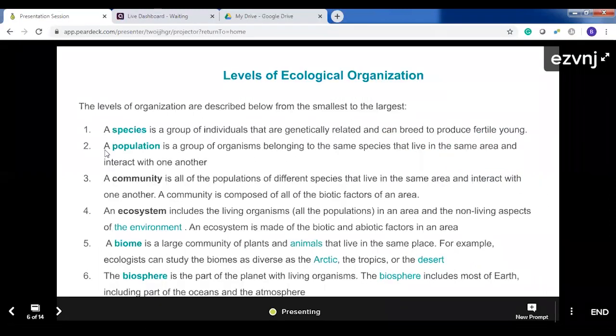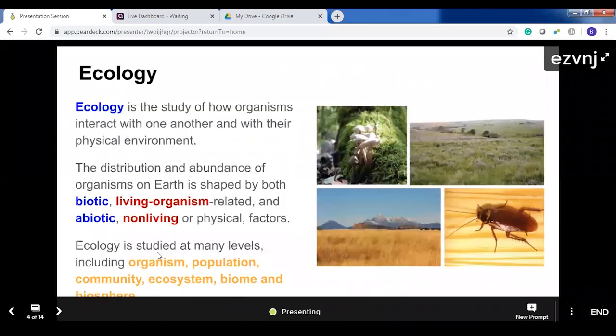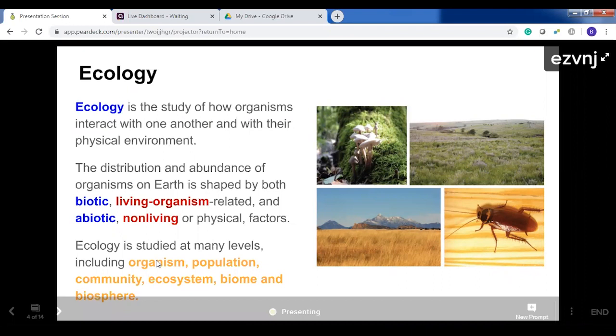Now, the levels of organization, like we said here. The first one is organism or species. What is a species? Can you say the definition of a species? So what do we call a species?